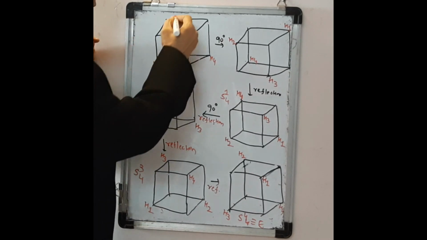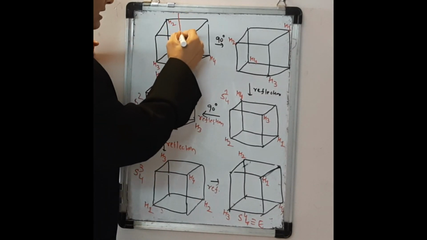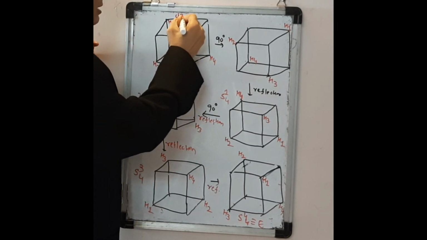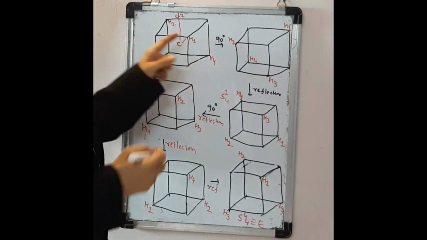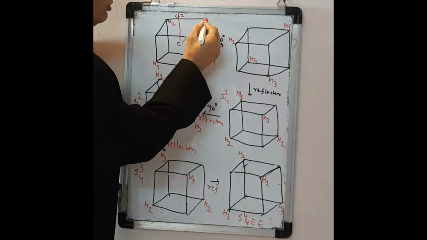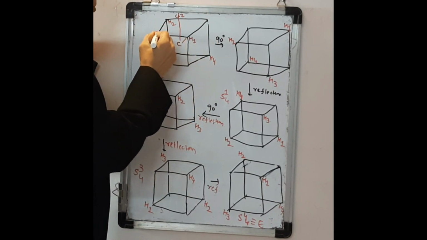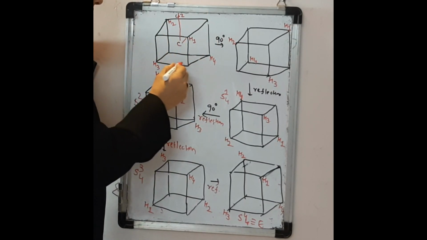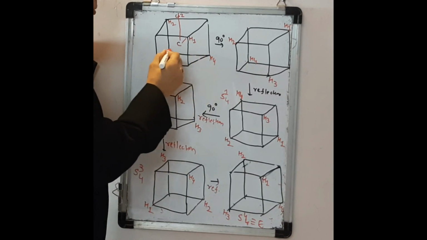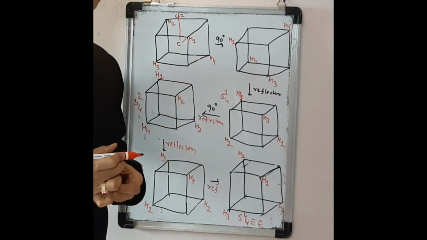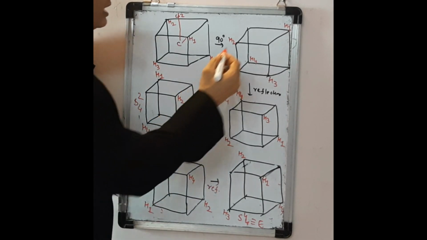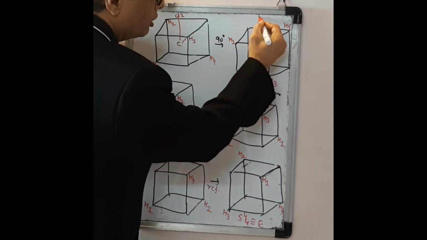Now if we consider this line as an axis, this is our Z axis, and if this molecule is rotated by 90 degrees, then H1 would be shifted to this point, H2 to this point, H3 to this point, and H4 to this point. So you will get the resulting configuration. Now this resulting configuration is reflected in a plane perpendicular to the principal axis.